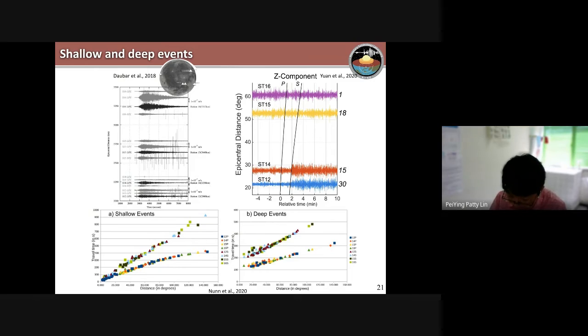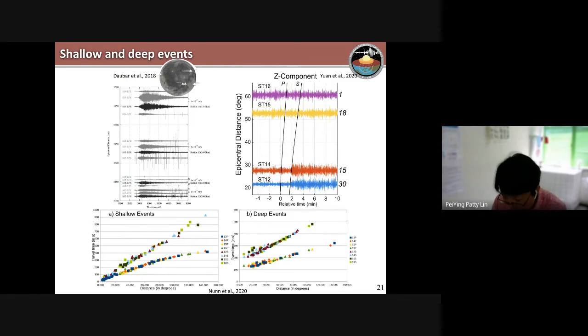And here, this is a very good paper. If you are interested in lunar seismology, I recommend you read this paper. They have this nice summary plot showing the P and S arrival times for the shallow events. So this is distance, and this is travel time.